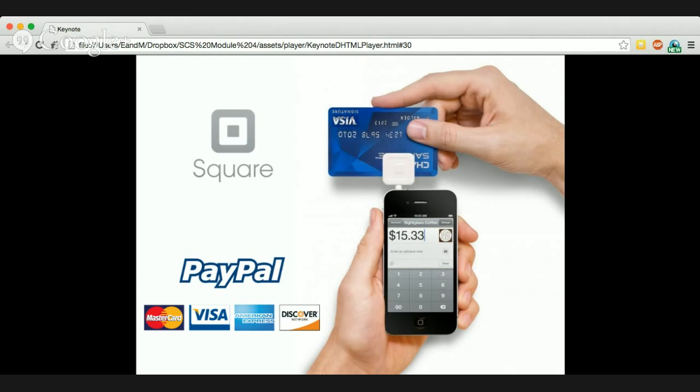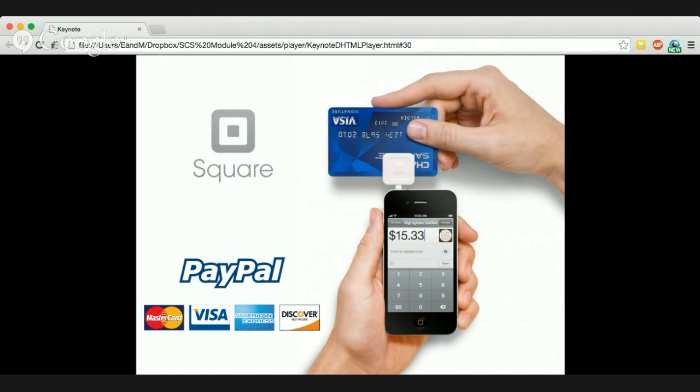PayPal is everywhere. So get a PayPal account, figure out how it works. Learn how to collect money through PayPal, either by sending an invoice or creating a button. And you would have used a PayPal button to buy this course, as a matter of fact. So just make it easy.